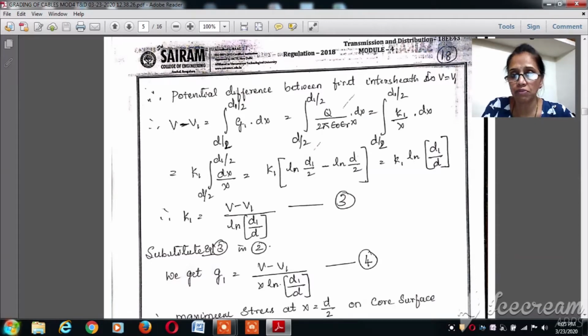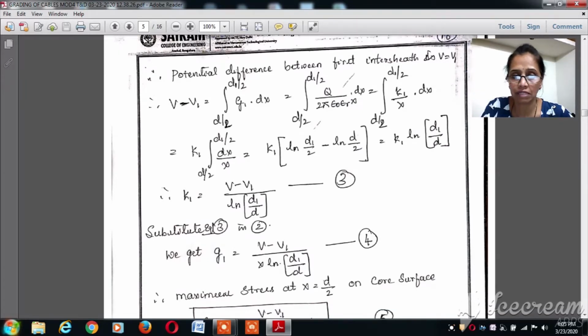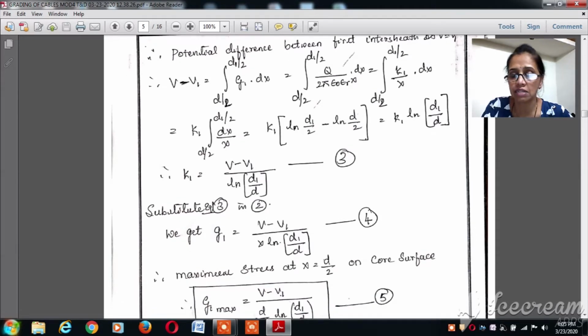Substitute the formula for G1, which is Q divided by 2 pi epsilon naught epsilon r x, into dx. By integrating, K1 is the constant, since Q divided by 2 pi epsilon naught epsilon r is considered to be the constant. So we integrate K1 divided by x into dx. This gives K1 into ln of D1 divided by D. And K1 is equal to, when we cross multiply, V minus V1 divided by ln of D1 divided by D. Let's treat it as the third equation.